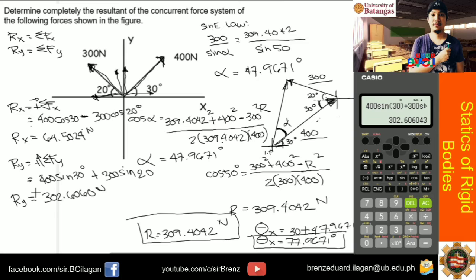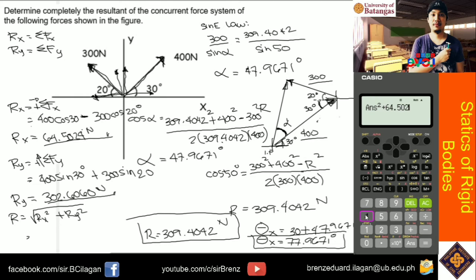If you're going to compute for the total resultant, it's just like the Pythagorean theorem, right? Rx squared plus Ry squared. I won't write it out, let's just press it on the calculator. We square our answer, plus 64.5024 squared, and then take the square root of that.